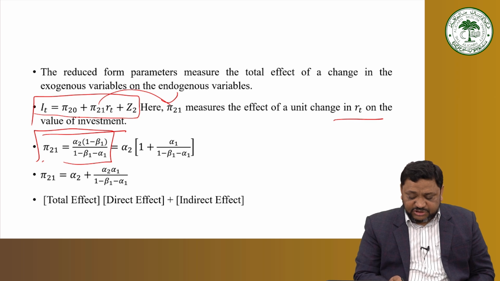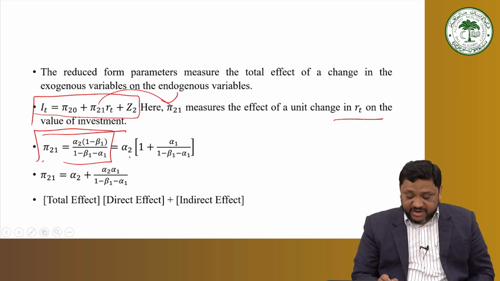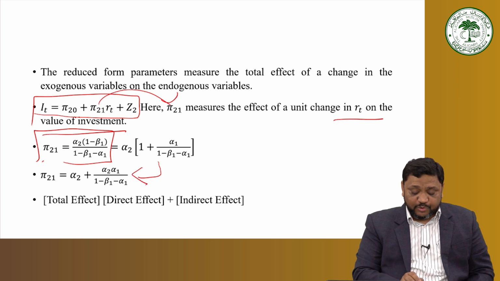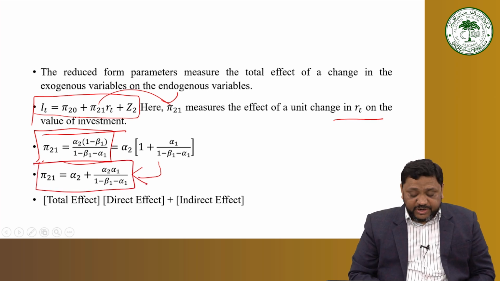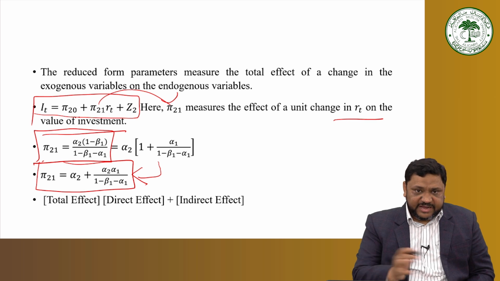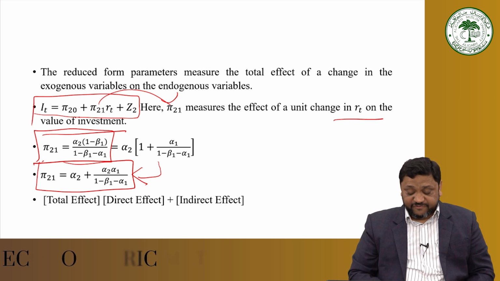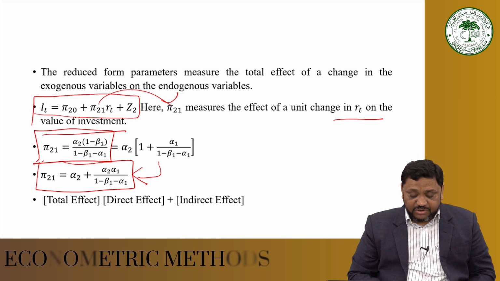If I do the algebraic manipulation, I take alpha 2 outside, then in the bracket 1 plus alpha 1 divided by 1 minus beta 1 minus alpha 1. I can further do the algebraic manipulation and write pi 21 is equal to, I take alpha 2 separate, alpha 2 plus alpha 2 alpha 1 divided by 1 minus beta 1 minus alpha 1.